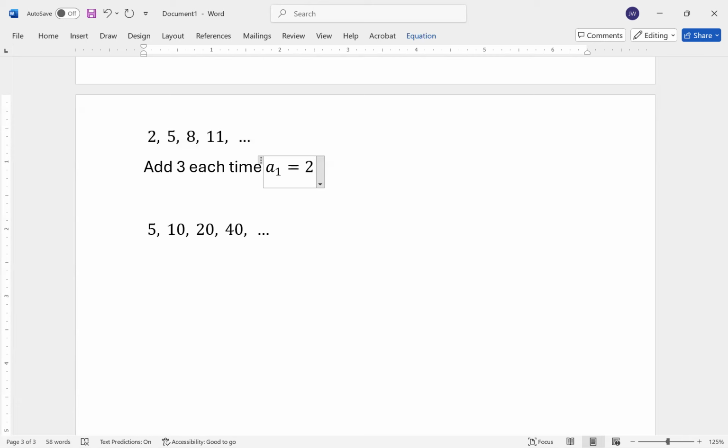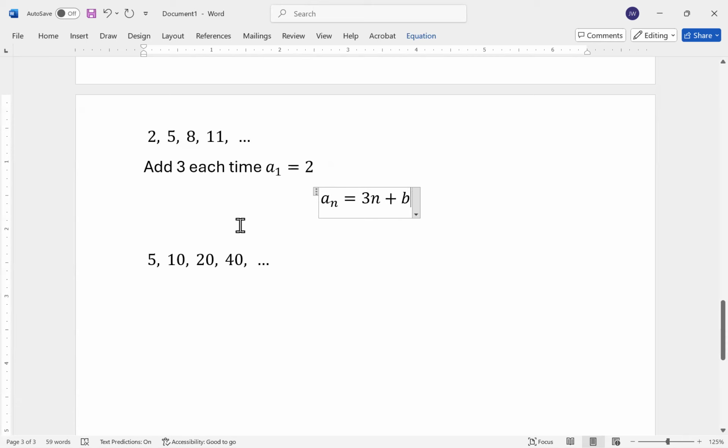Now you could do a recursive definition with that, but I want a function definition. So if we're adding 3 each time, that means the nth term is what you get when you take 3n plus some number. And I'll call that number b for right now until I know what exactly it is.